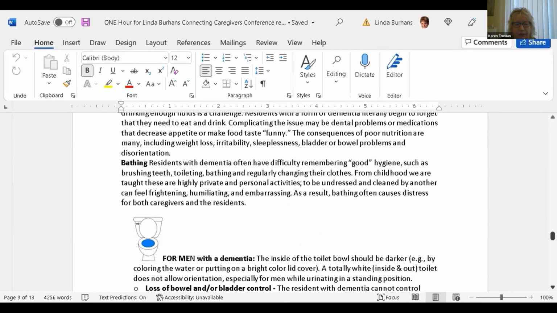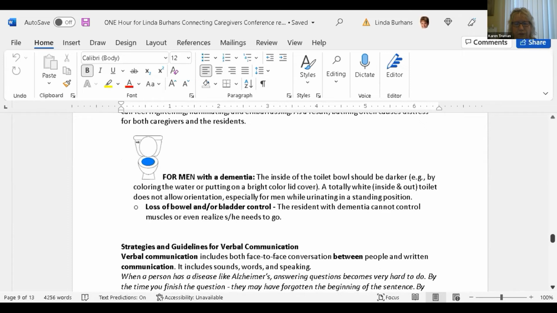Eating and nutrition, bathing. For men with dementia, the inside of the toilet bowl should be darker. So you need to color the water or put a bright color lid cover on the toilet seat. Totally white inside and out does not allow orientation, especially for men while urinating in a standing position. So that's why we have so many accidents.